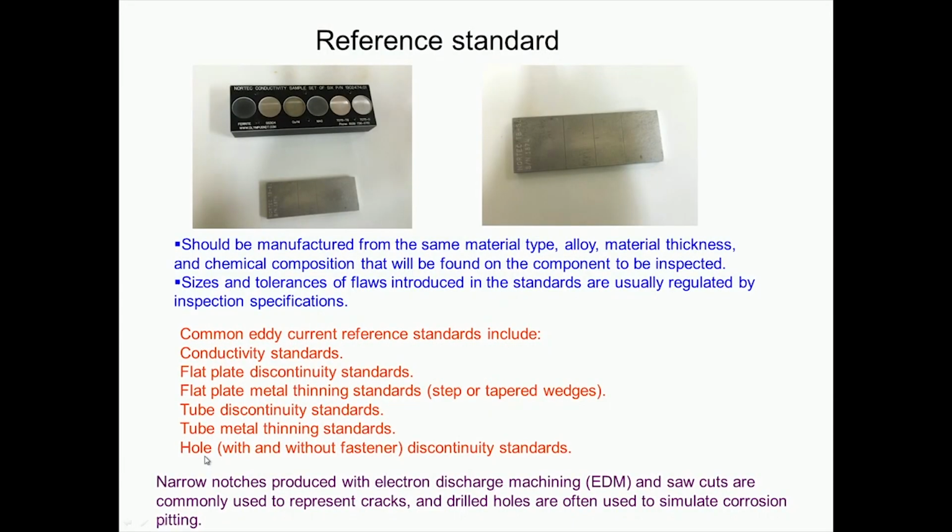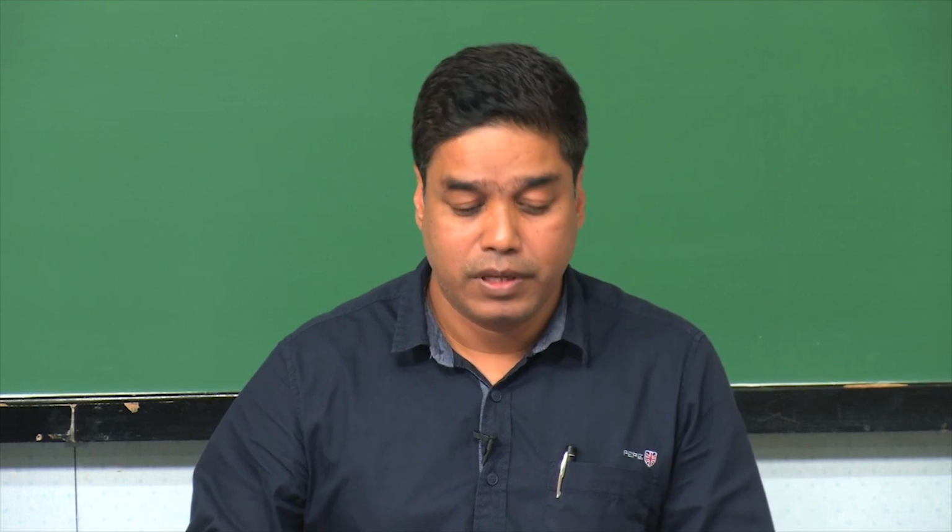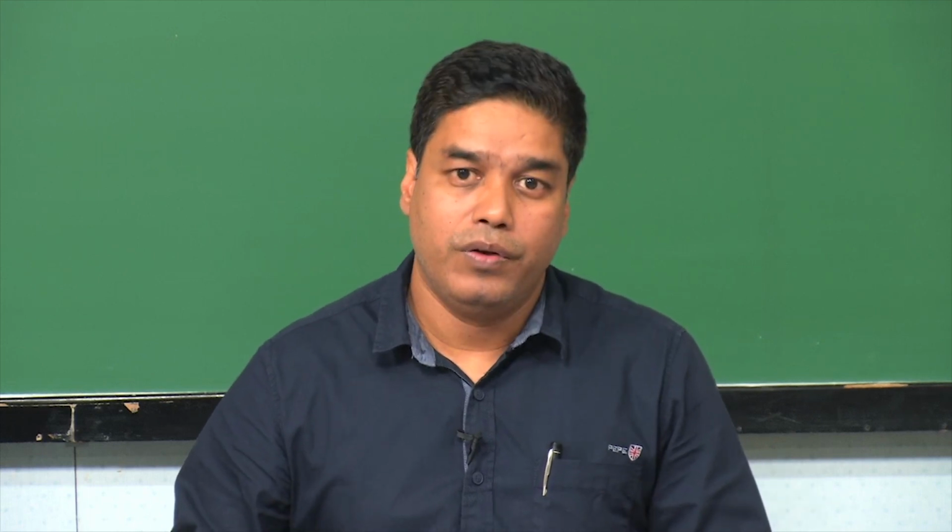Then if you expect that the conditions of corrosion are such that it may lead to pitting kind of corrosion, which leaves behind small holes or small pits, then you should have holes on the reference standards which will represent these pits which form due to corrosion.